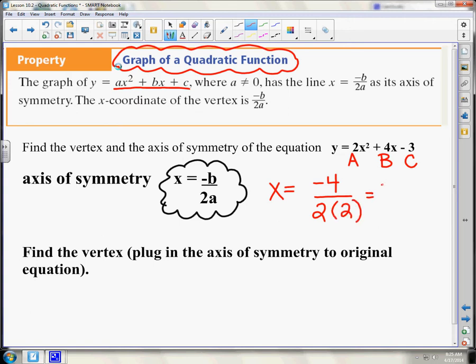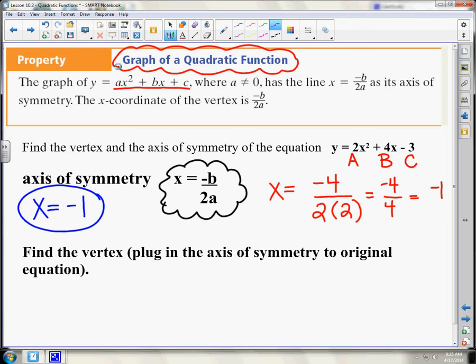So that equals negative 4 over 4, which equals negative 1. So if they were to ask, what's the axis of symmetry of this line, you would say the axis of symmetry is x equals negative 1.